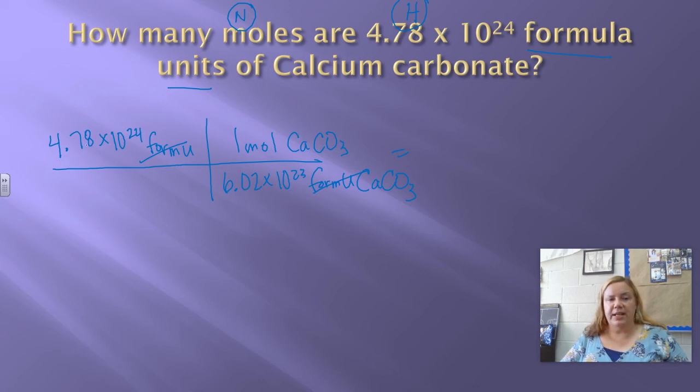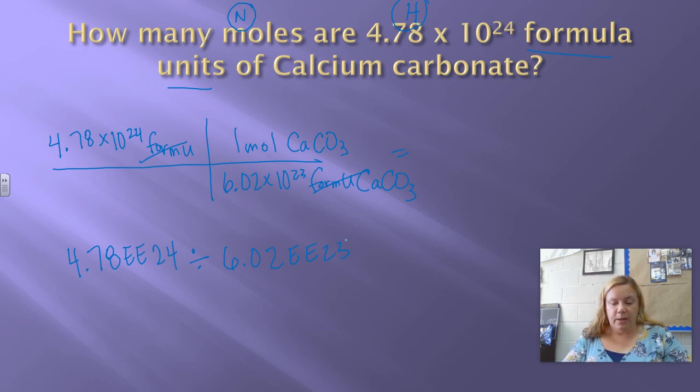So I'm going to take 4.78 times 10 to the 24th divided by 6.02 times 10 to the 23rd. Again, me personally, I like to put in 4.78, use the EE button or the exponent button to the 24th, and then divide by 6.02 EE 23. I want you to punch it in your calculator and make sure that you get the same answer here.